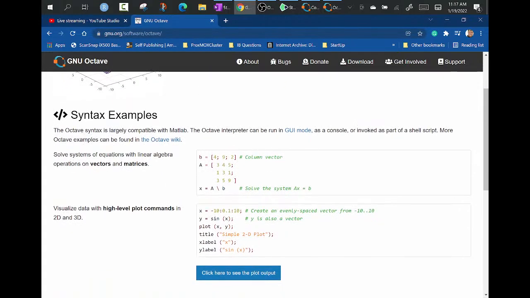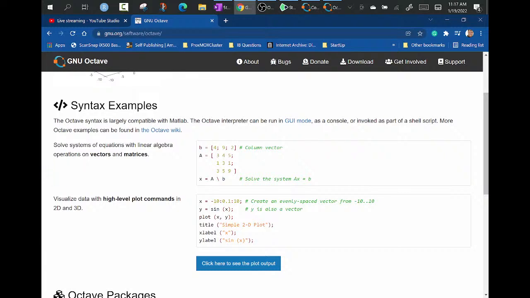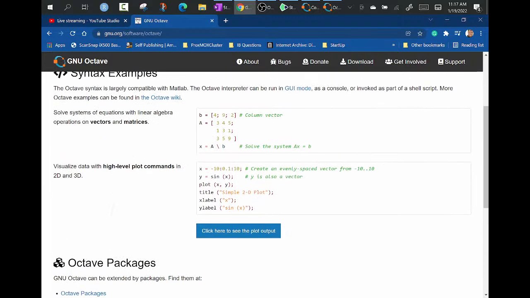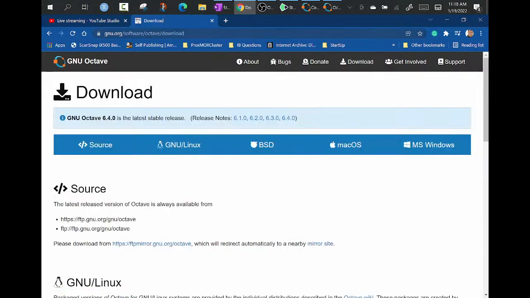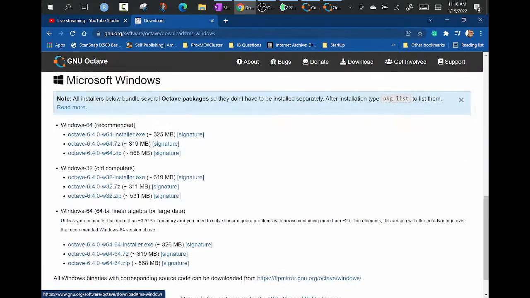In other words, if you took this code right here and tried to run it in MATLAB, it would run and give you the same answer as it would in Octave. So if you want to, you can download this to your computer and install it. I've already done that.